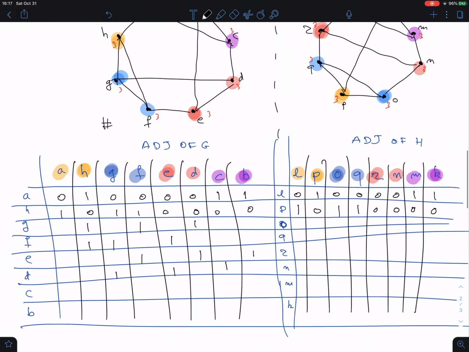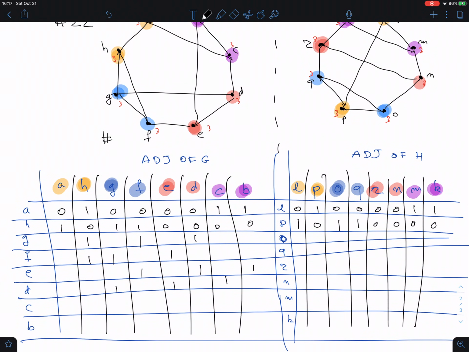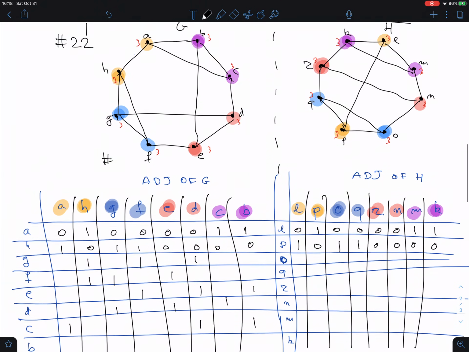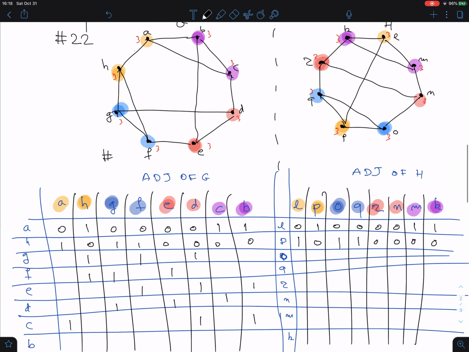The neighbors of C are D, where is D? D is here. What else? B. Where is my B? B is here. And A. A is all the way here. Okay. And finally, the neighbors of B are C, E, and A.